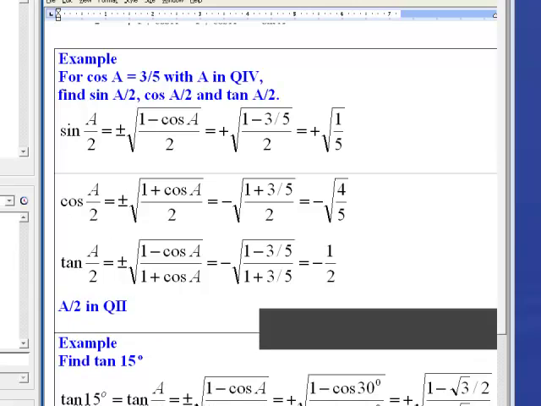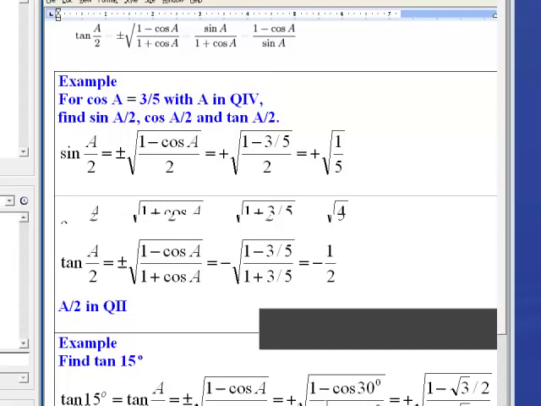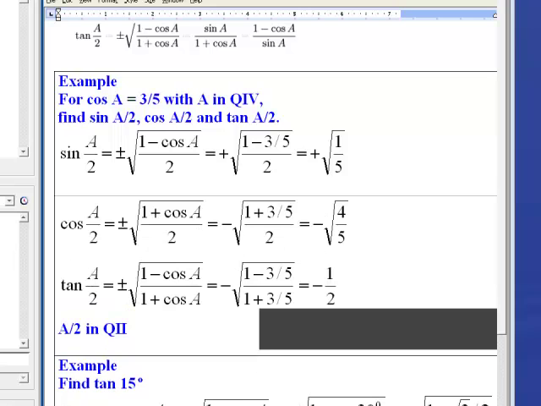So again, this might serve as something that we have different options. So again, we come up with tangent A over 2, and now we may use sine A over 1 plus cosine A. Since I already know that I come up with the square root of 3 over 2, it might just actually be easier to put that square root in the numerator.